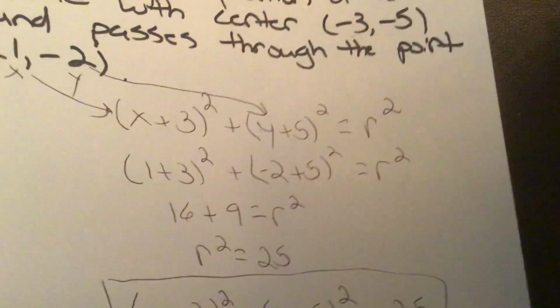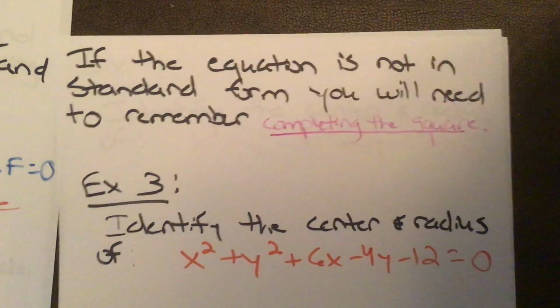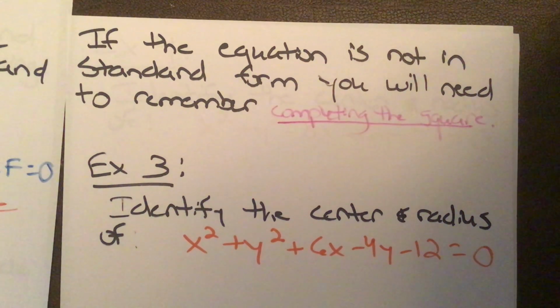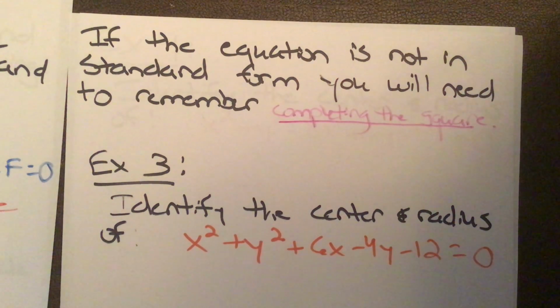Okay, the next thing we're going to talk about is, what about if that equation is not in that standard form that we just talked about? So if the equation is not in that standard form, the form that we like to have it in, we will need to remember to complete the square. If you don't remember completing the square, that's how you take an equation from general form to vertex form for a parabola.